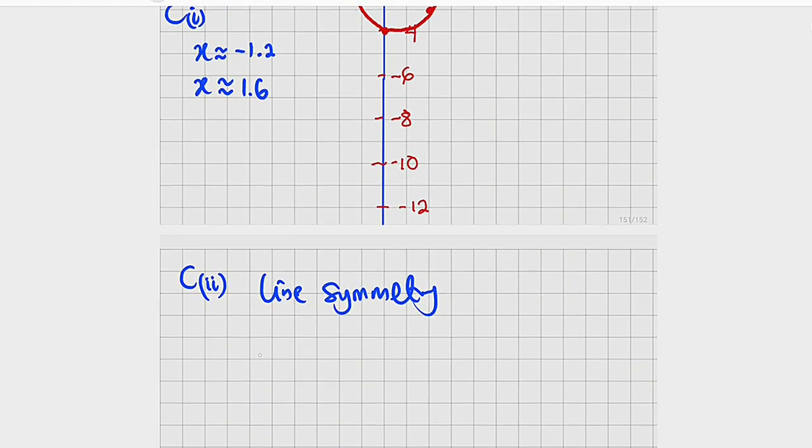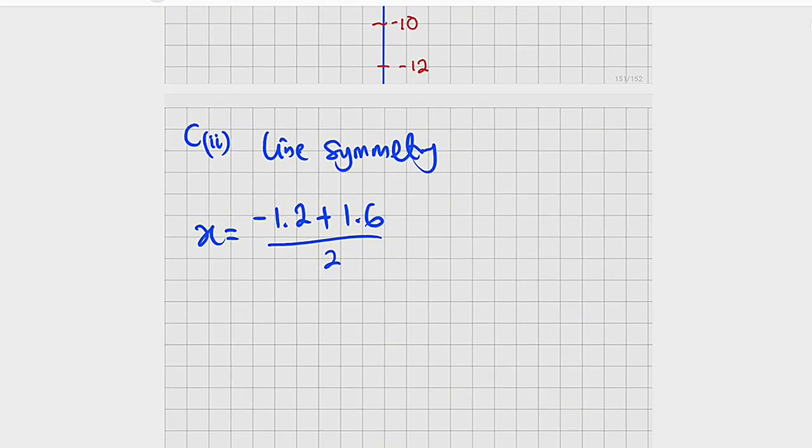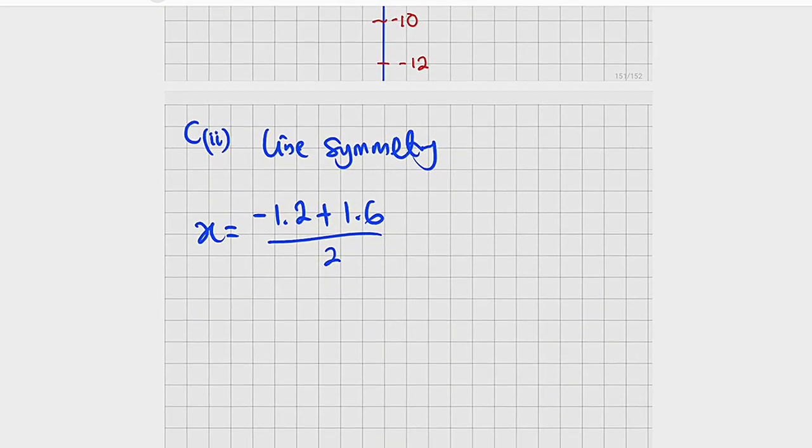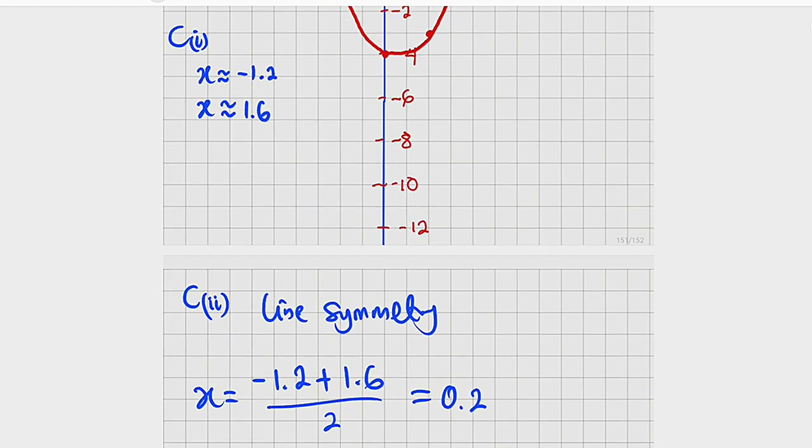We take -1.2, we add it to 1.6, we divide by 2. This will give us the value of x at that point. -1.2 plus 1.6 will give us 0.4. Then that 0.4, divided by 2, will give us 0.2. So this is 0.2 as the value of x.